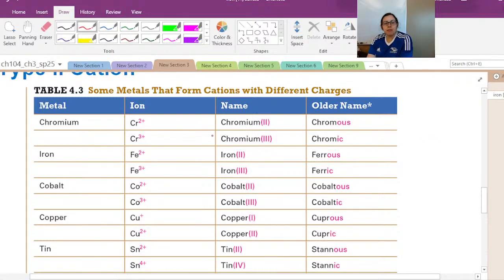The old naming convention is you have the most common oxidation states listed. The lower one gets this "-ous" ending, the higher one gets the "-ic". Again, the limitation is I just mentioned that you could have iron 1 potentially. What if you have something weird, iron 4? That'd be difficult to make that distinction.